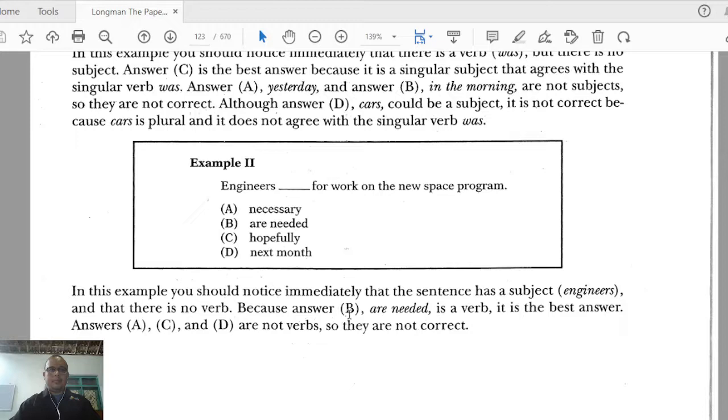Answer B, are needed, is a verb, so it is the best answer. Answers A, C, and D are not verbs, so they are not correct. Ya, jadi yang paling benar di sini karena kita membutuhkan verb, ya, verbnya adalah are needed.